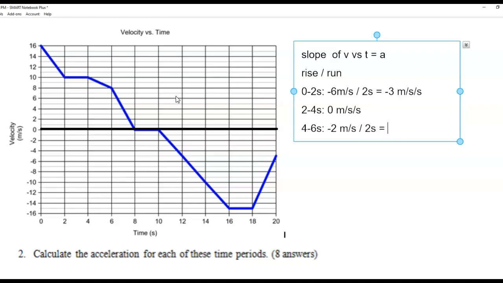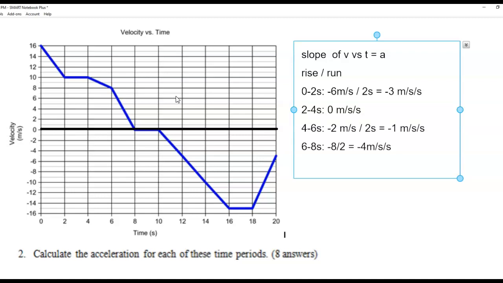So that's going to be a negative 1 meter per second. From 6 to 8 is the next one. That's going to be a drop of 8 divided by 2. It's the same units over and over, so I'm just going to shorten that a little bit. So that's a negative 4 meters per second.